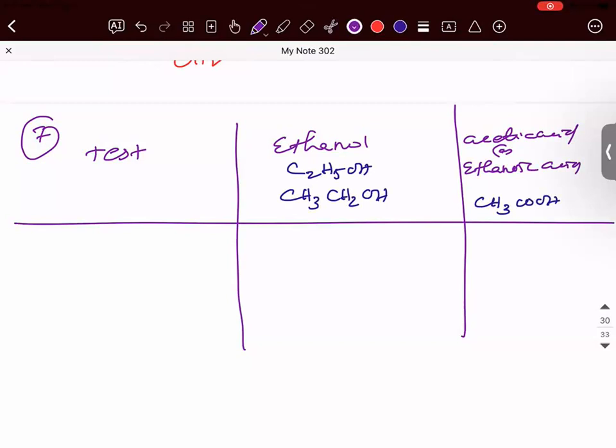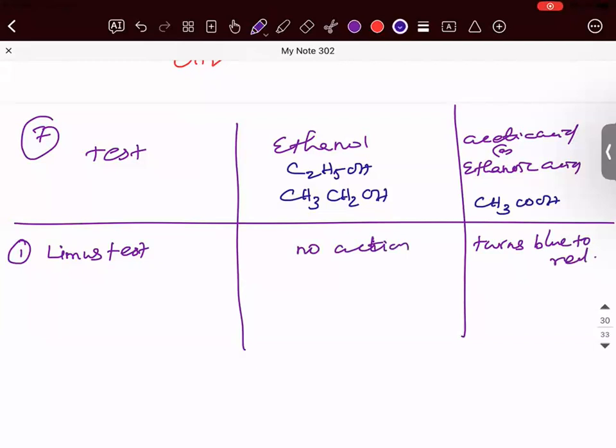Number one, litmus test. So we know that ethanoic acid is a carboxylic acid. What will it do? It turns blue to red. So here no action.